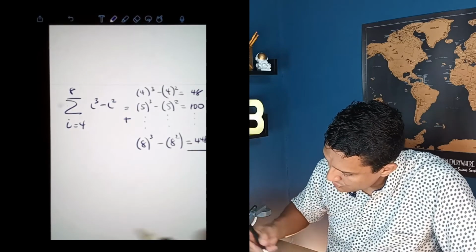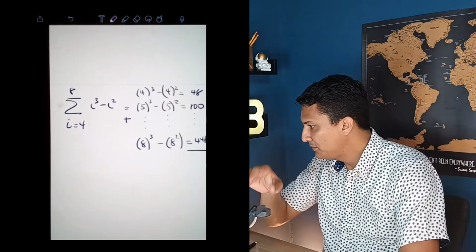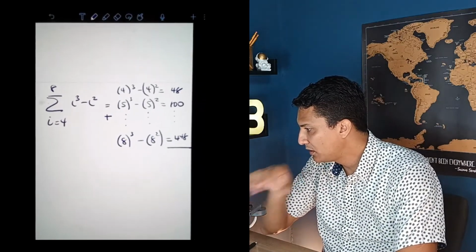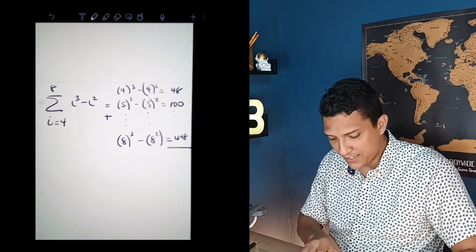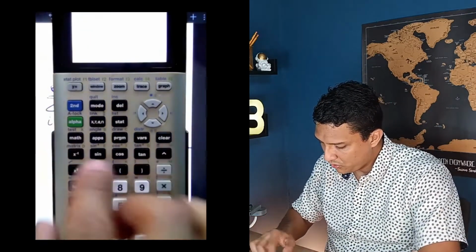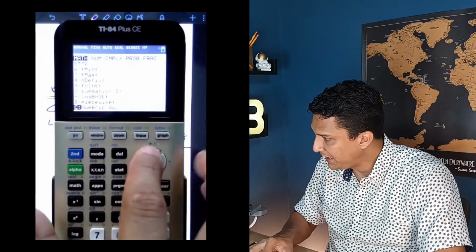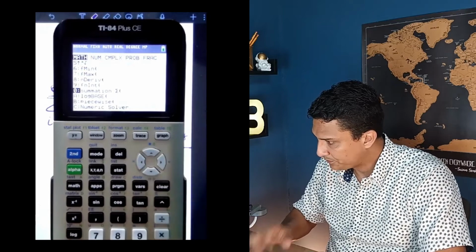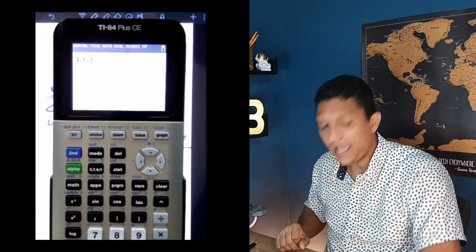Now what I'm going to do, as I mentioned before, is input this information in the calculator. Again, calling with the math key, I'm going to scroll down until option 0, which is summation. And here I'm going to input the expression.